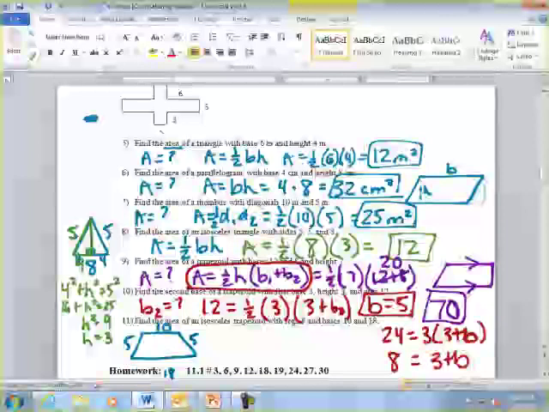Area of a trapezoid formula, whether it's isosceles or not, is all the same, and we have that formula back in question 9. For that formula, I need the height, not the slanty height, the straight up and down height. So if I draw that in here, it would cut off some triangles.